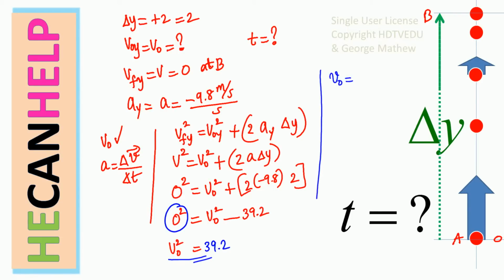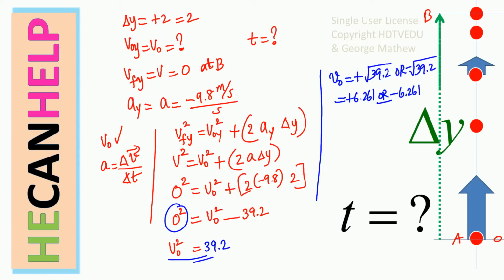It can be either positive square root of 39.2 or negative square root of 39.2. Square root of 39.2 is, so it is either positive 6.261 or negative 6.261. Because when you square 6.261, that is the same as square of negative 6.261, because the negative sign disappears.